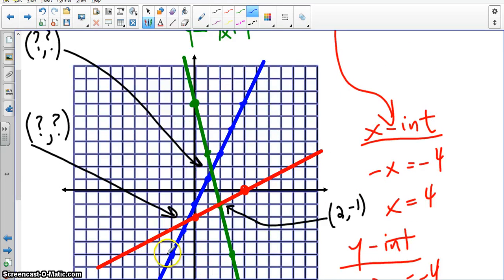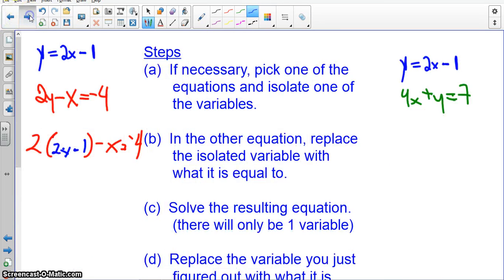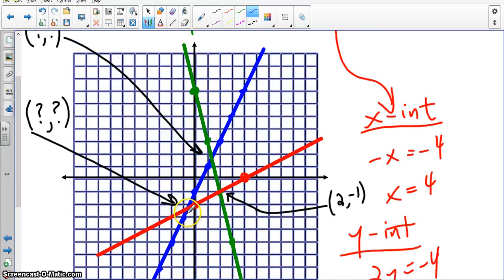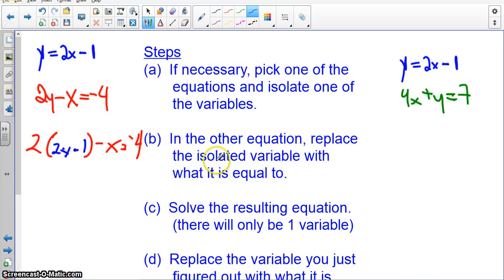Blue is this guy, red is this one. So the solution to this is going to be whatever this point is right here. It'll be a negative something 2/3, I think, if I remember right, and negative something else. Okay, so let's try to see if that's actually what we get.